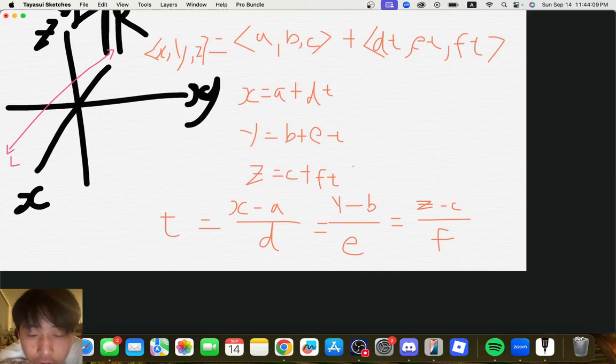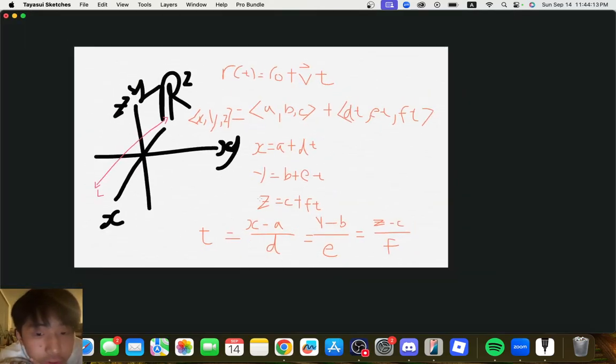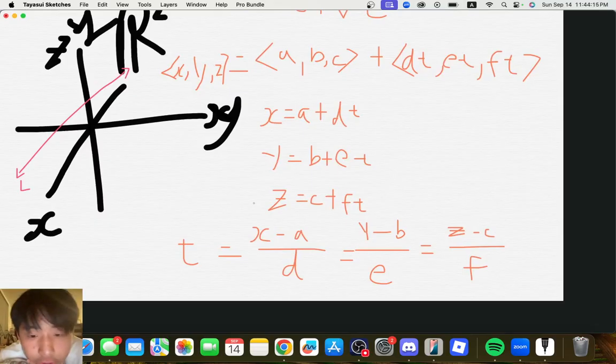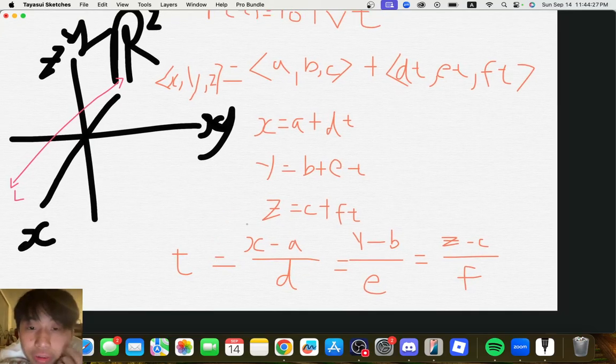See how they're all their own little equations. And by the way, this whole thing defines one line, not one individual piece of it defines the line.